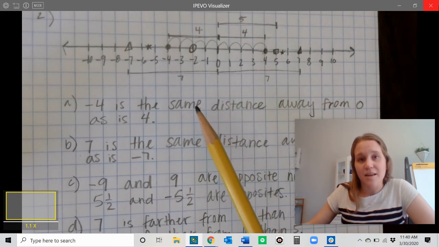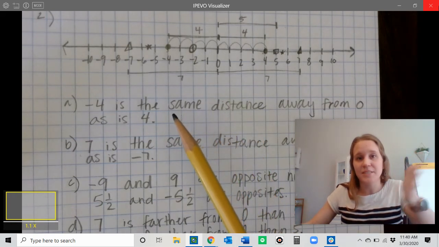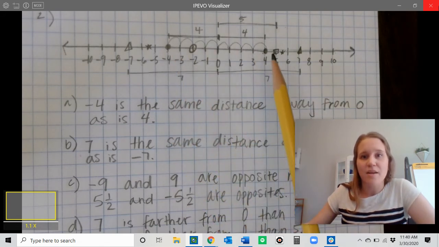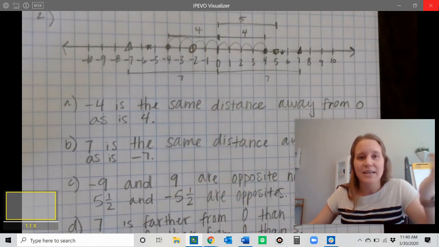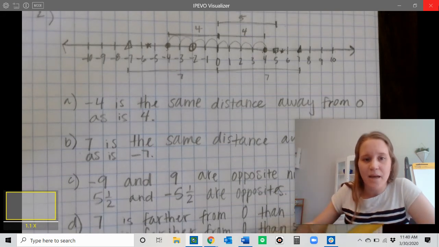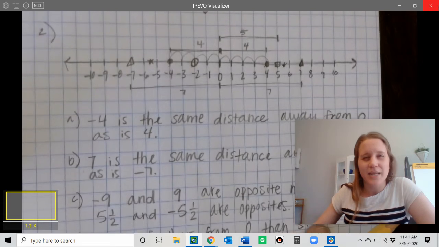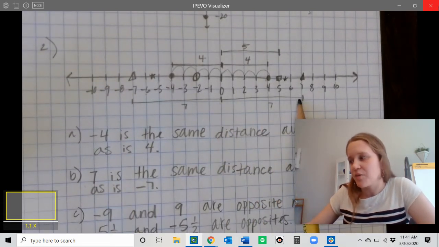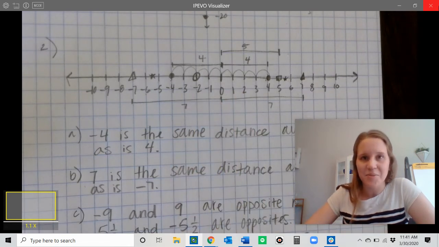We know that opposite numbers are two numbers that are the same distance from 0 on either side of 0, like -4 and 4 are opposites, or -3.5 and +3.5 are opposites. We have also started comparing distance from 0. So for example, 7 is farther away from 0 than -2 is.